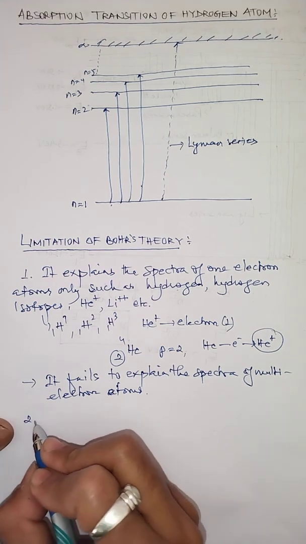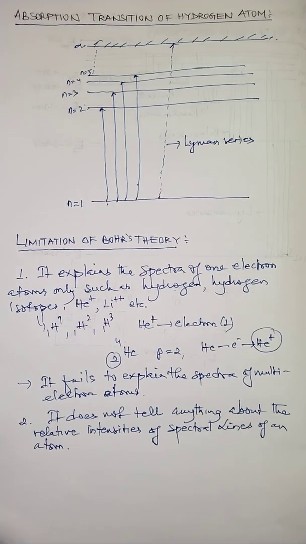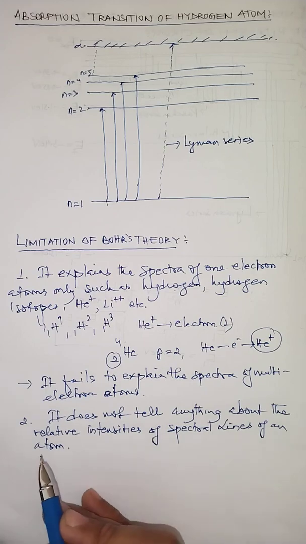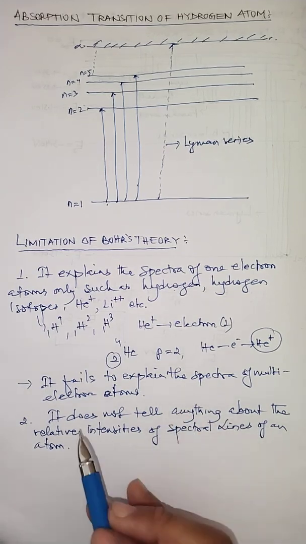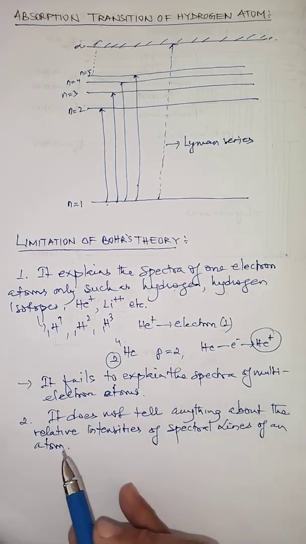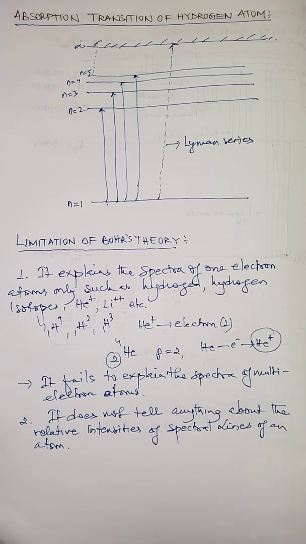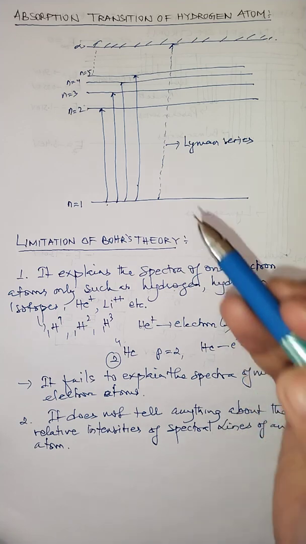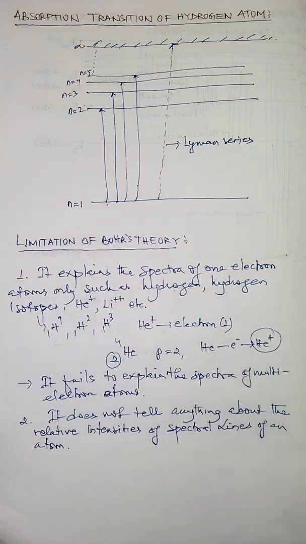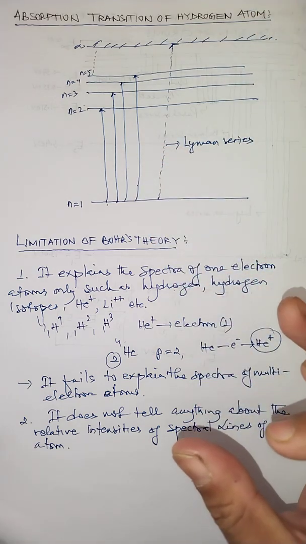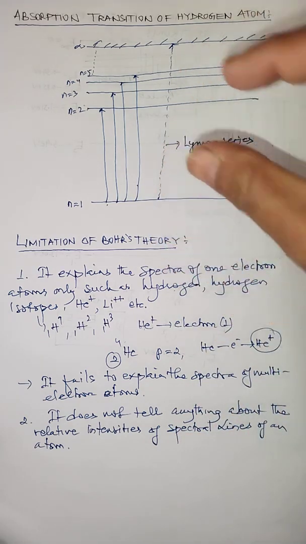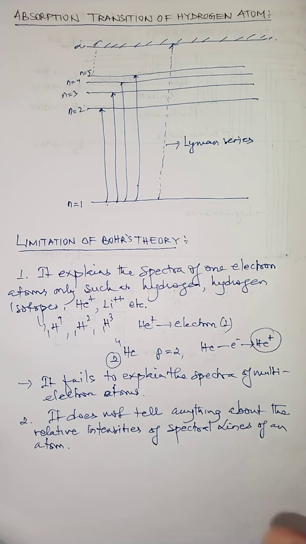Now the number 2 drawback says that Bohr's theory does not tell anything about the relative intensities of the spectral lines of an atom. As we have already learned, in Bohr's theory, emission radiation is observed only with the transitions of the different series of the hydrogen atom or hydrogen-like atoms.